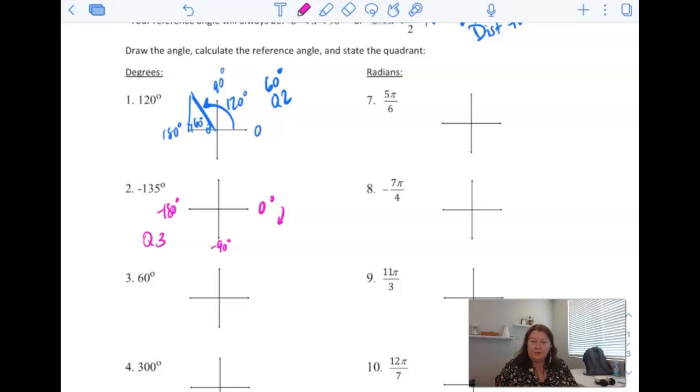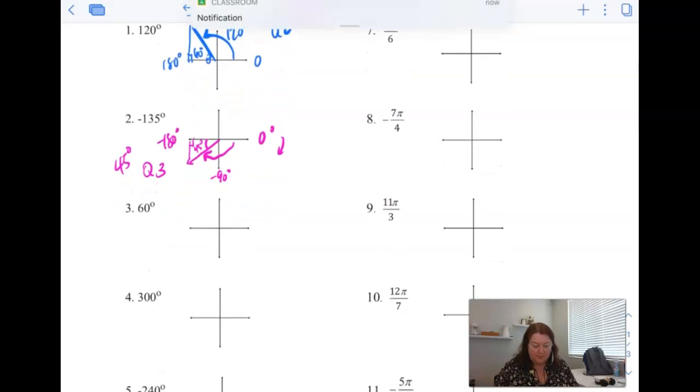And how far will it be from 180? It will be 45 degrees. So 45 degrees would look like this. The reference angle, though, is always going to be the angle that attaches it to the x-axis. So here is the triangle we would make, here is how we would have gotten there, and then this amount in here is 45 degrees. Kind of makes sense? Okay, let's try a couple more.